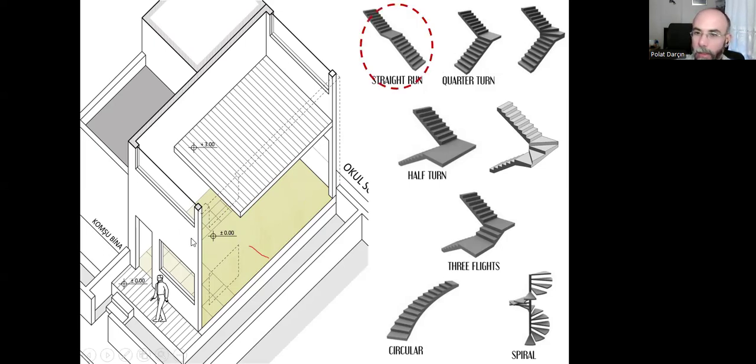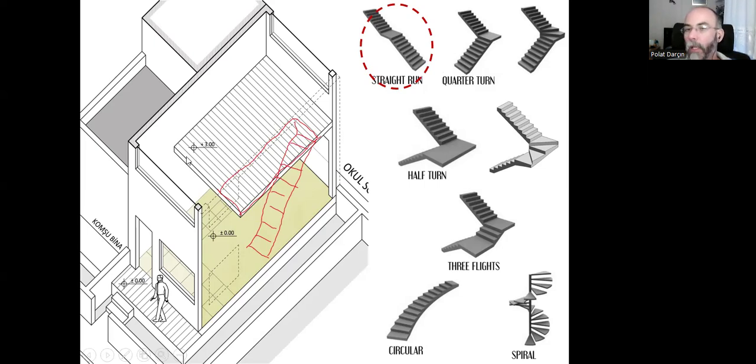So first, let's try a straight run. That means we can have a sketch like that. Let's imagine we created the straight run stairs. That means we need to create a gap on the first floor.